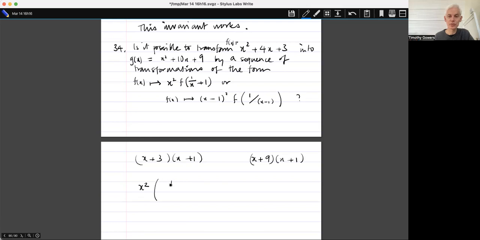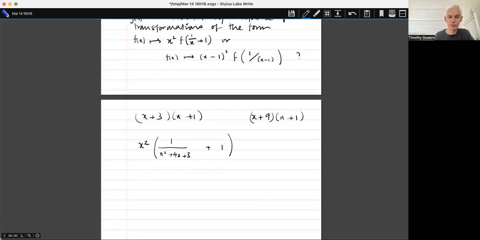So 1 over x squared plus 4x plus 3 plus 1, which equals x squared times (x squared plus 4x plus 4) over x squared plus 4x plus 3.